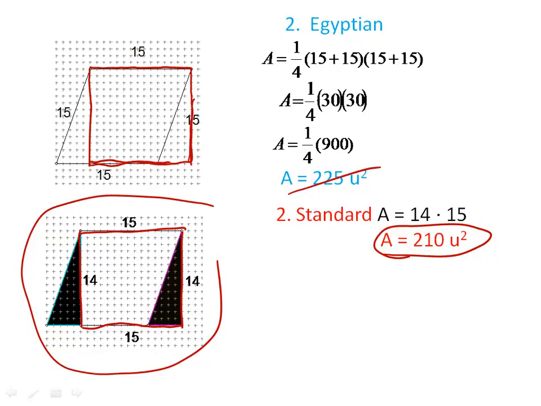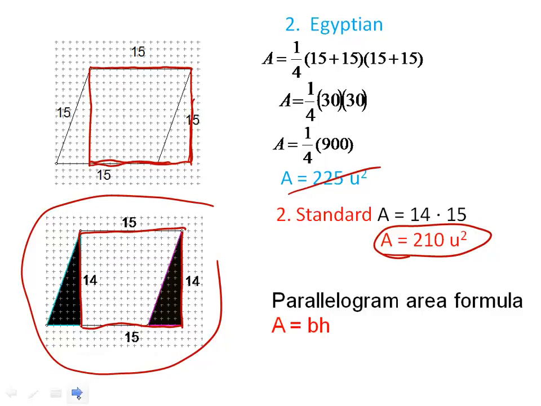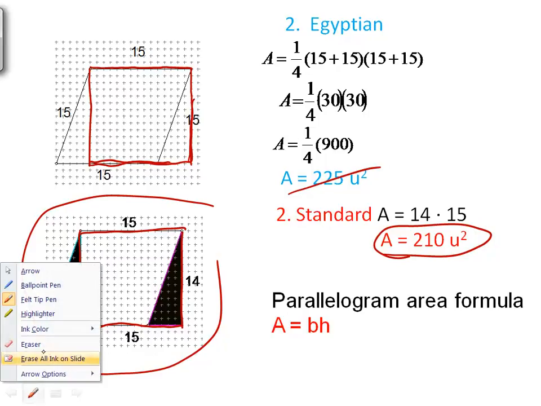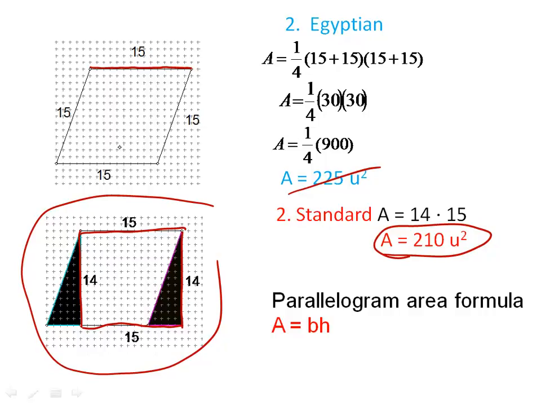And later on in the course, you'll learn the parallelogram formula, which is area equals base times the height. And so if we have a parallelogram, this is how we can find the, okay, so there is our altitude or height.